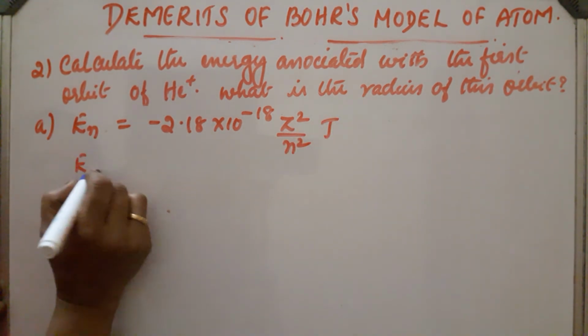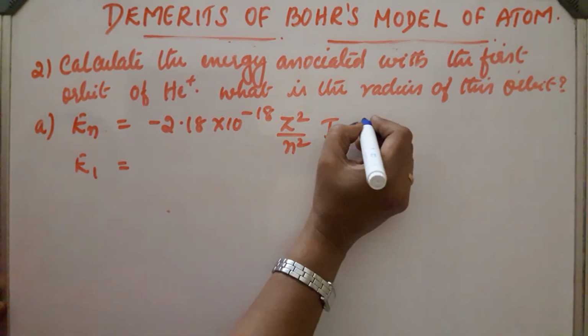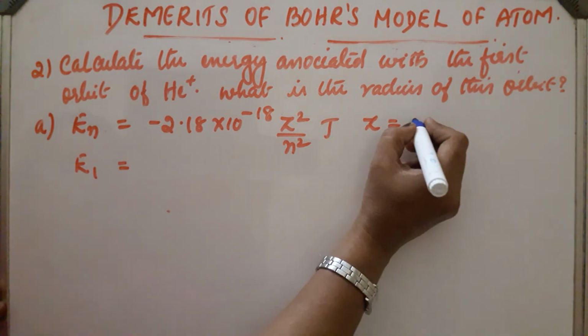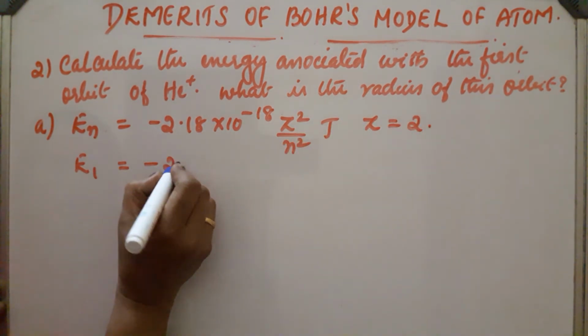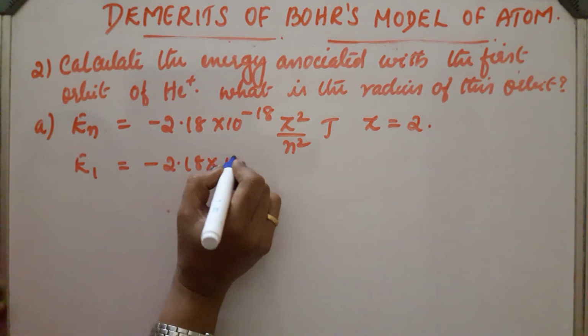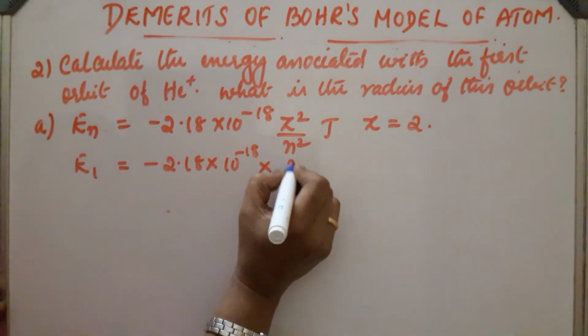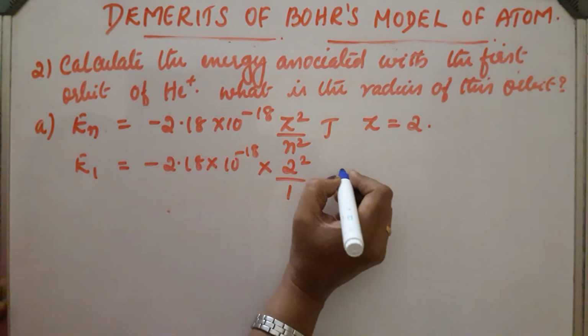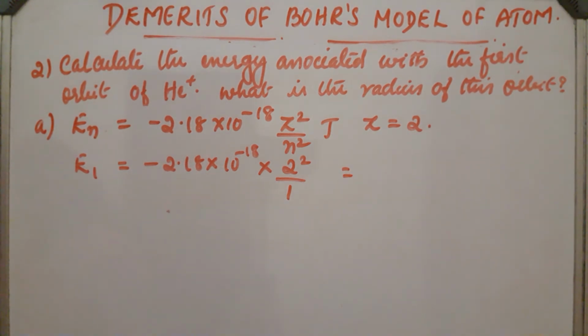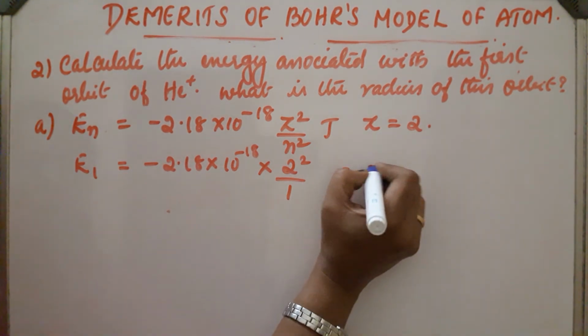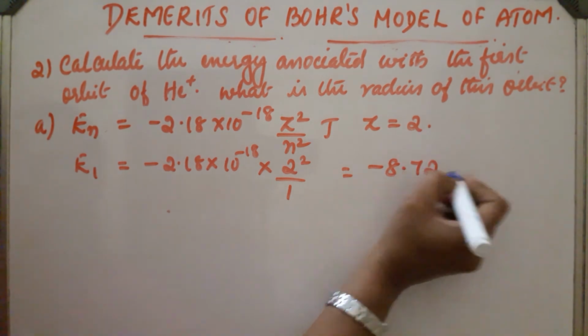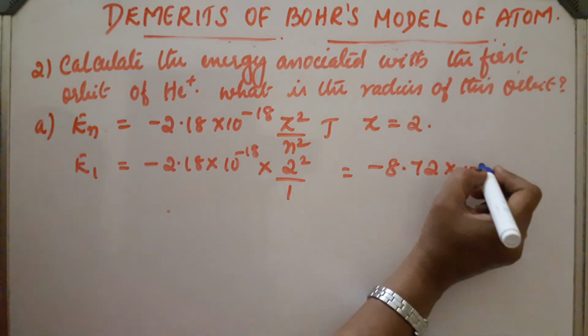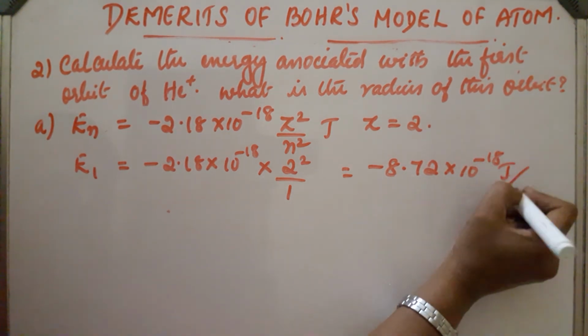Here we have to find E1 of helium, where Z is equal to 2. So minus 2.18 into 10 raised to minus 18 into 2 square by 1. After calculating, we get the value minus 8.72 into 10 raised to minus 18 joule per atom.